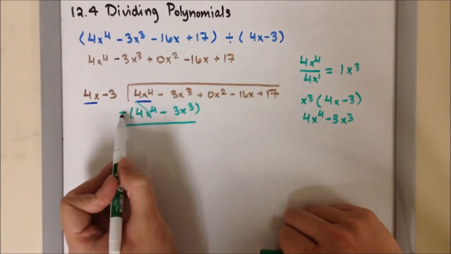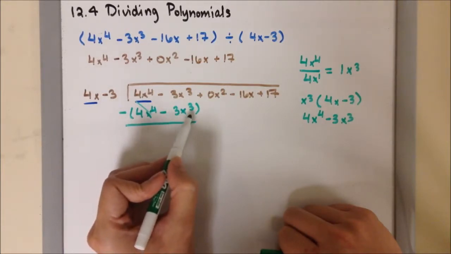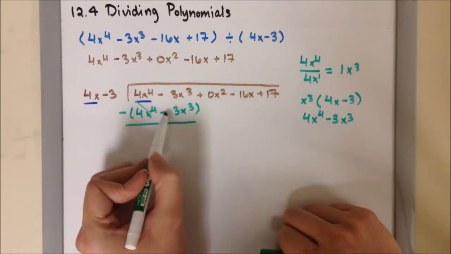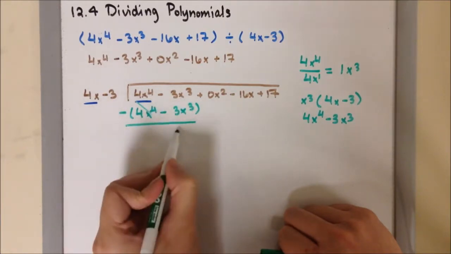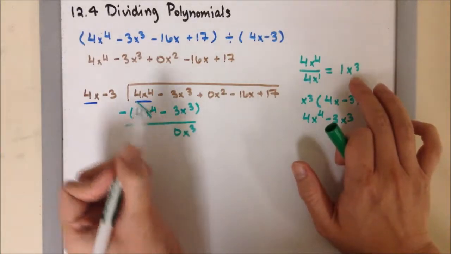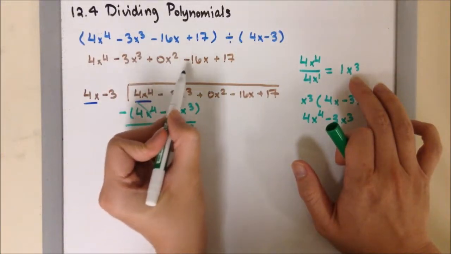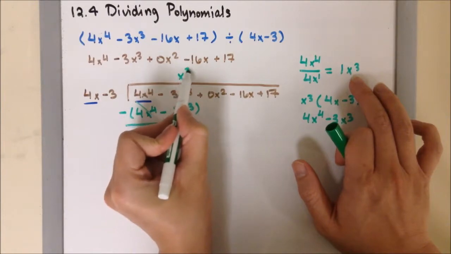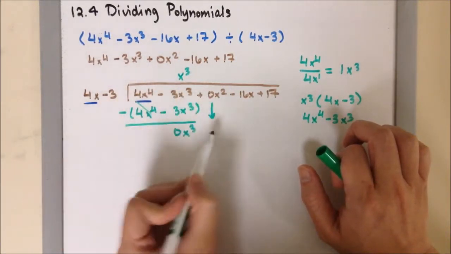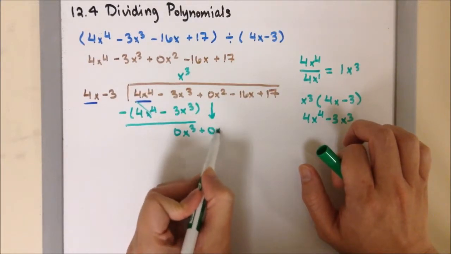And when I distribute this minus to the negative 3x to the 3rd, it will look like negative 3x to the 3rd plus 3x to the 3rd, so 0x to the 3rd. And I forgot to write x to the 3rd, or 1x to the 3rd, up here, because that's what I distribute. And then here I'm going to bring down my 0x to the 2nd power.